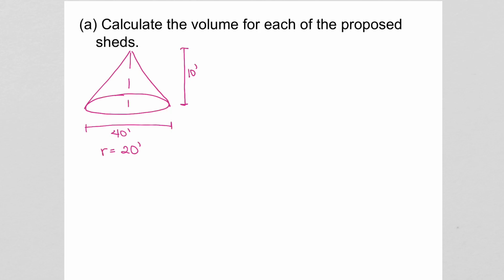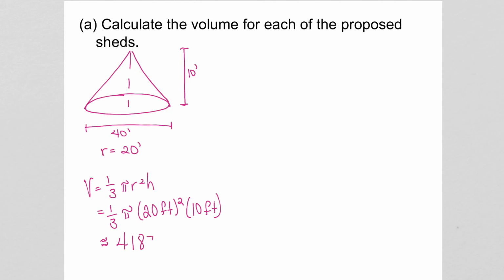So we'll find its volume. 1/3 pi r squared h, and that is approximately 4,187 cubic feet.